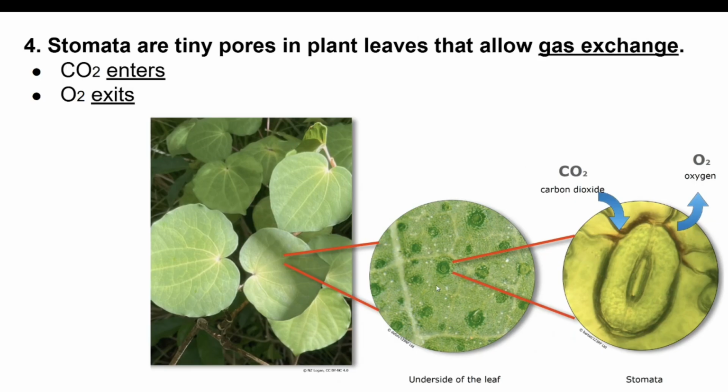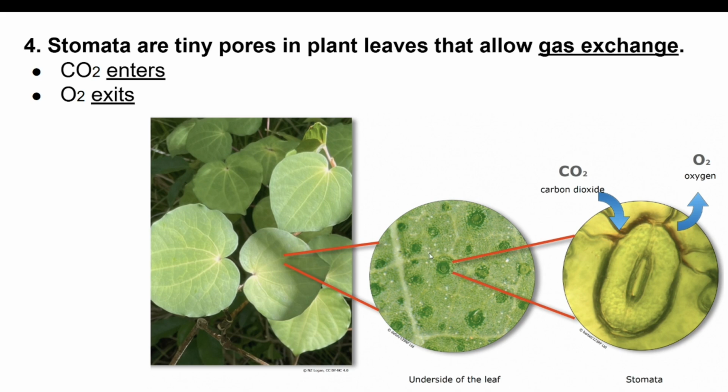And carbon dioxide will enter through the pore and oxygen will exit. These pores usually stay open, but sometimes a plant might close them in order to conserve water vapor from coming out of these pores as well. So not only can carbon dioxide enter and oxygen exit, but sometimes water vapor can escape from the pores.